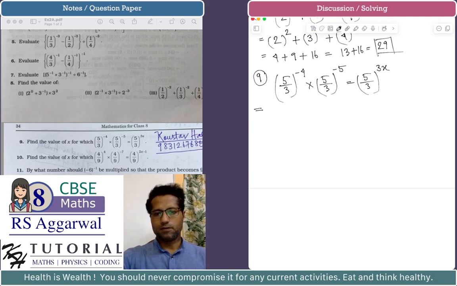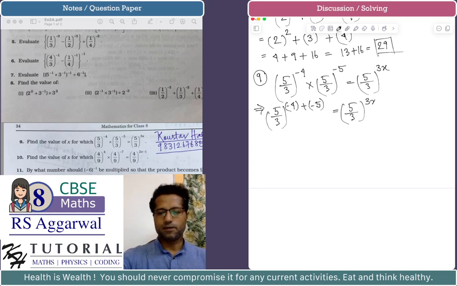So this implies that on the left hand side we can clearly apply the laws of exponents, and it will be 5 by 3 raised to the power minus 4 plus minus 5. The right hand side becomes 5 by 3 raised to the power 3x.